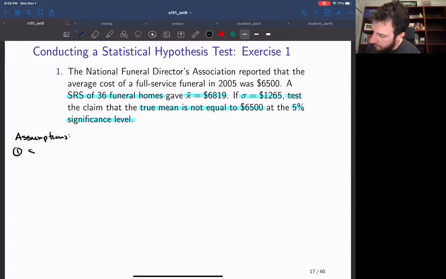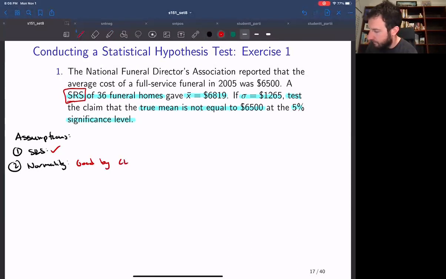1. SRS, this is clearly good because we're told we have an SRS. 2. Normality, this is good by CLT since the sample size is greater than 30.